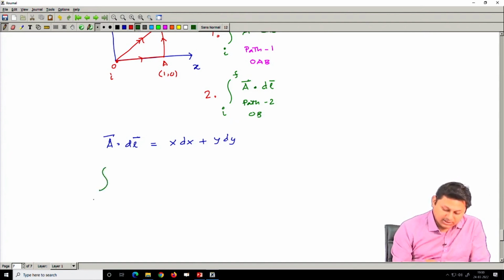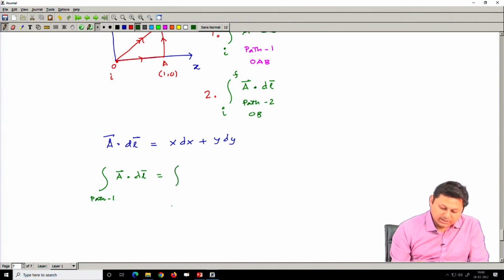So, integration for path 1, A dot dl is essentially, if I now start putting, for this length I have integral 0 to 1 of x dx, dy will not be there, 0, and for the other case it will be integral 0 to 1 of y dy.